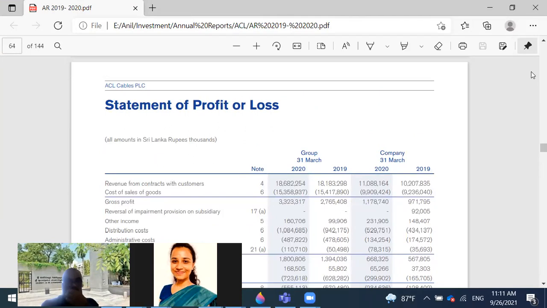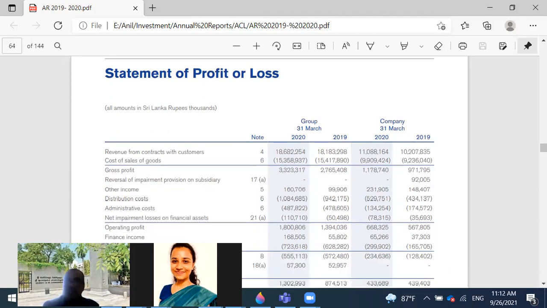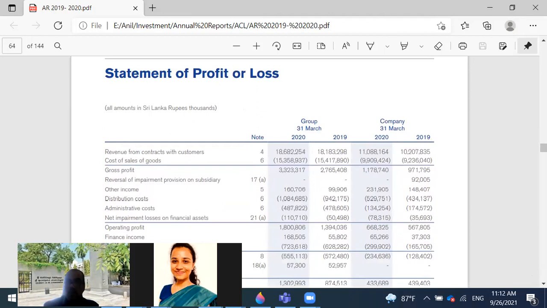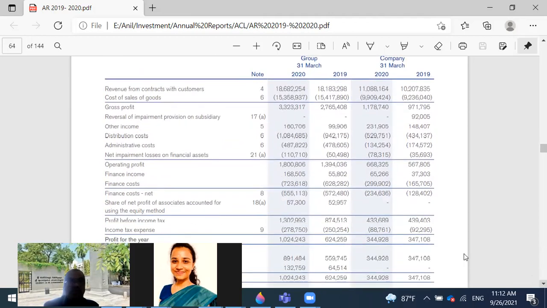I took ACL Cables. That's a manufacturing organization. The recently available annual report is for the year ended 31st March 2020. Here in the annual report, in the income statement, items are disclosed like this.